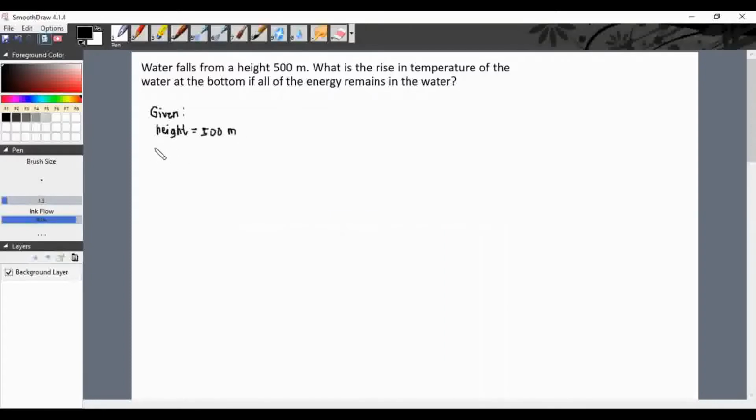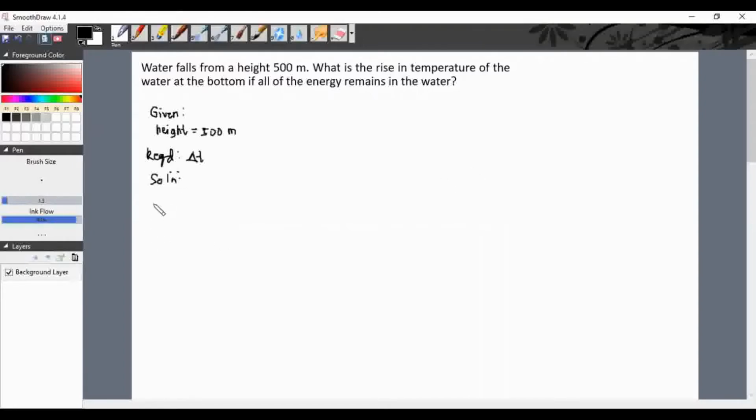And we are asked to find the delta T, the change in temperature. So, let's try to solve this.